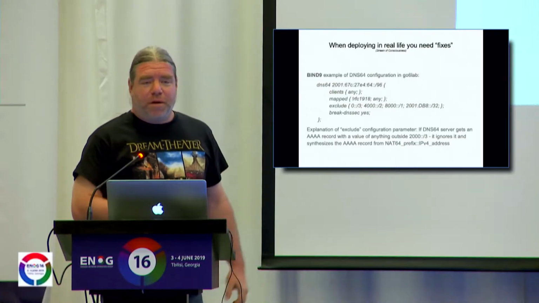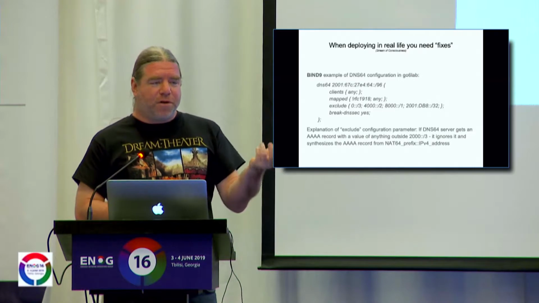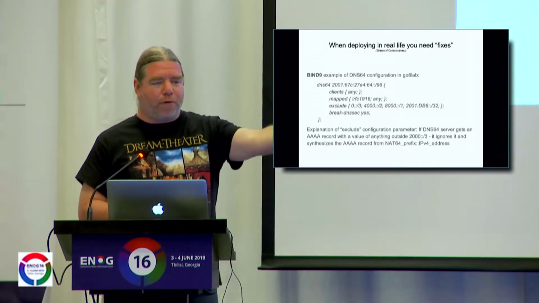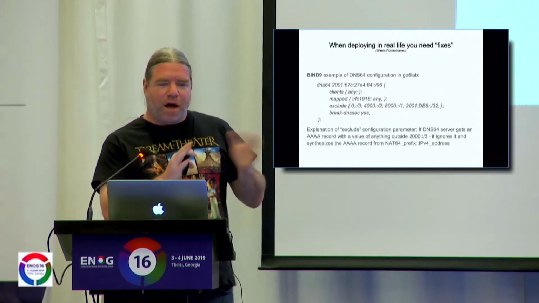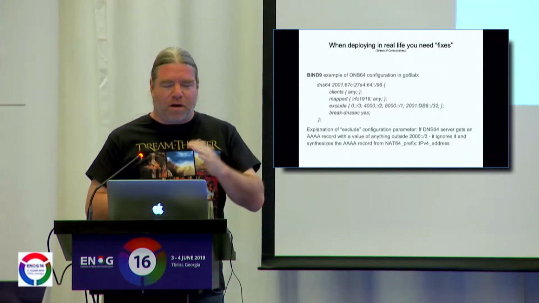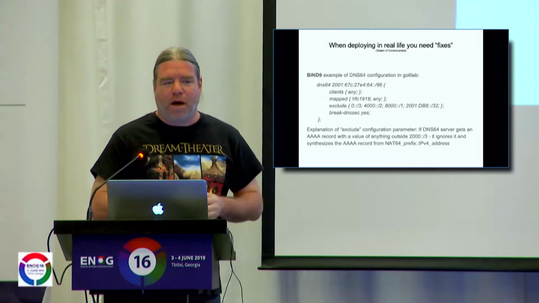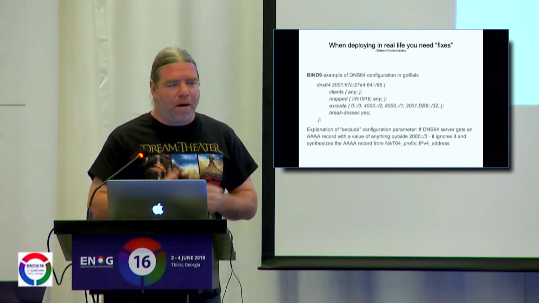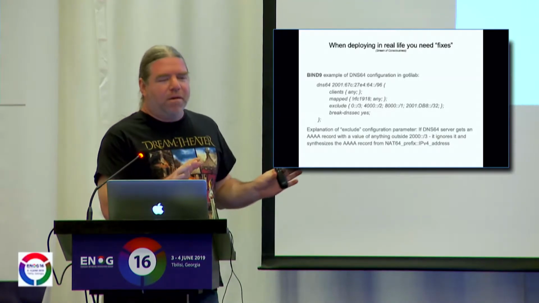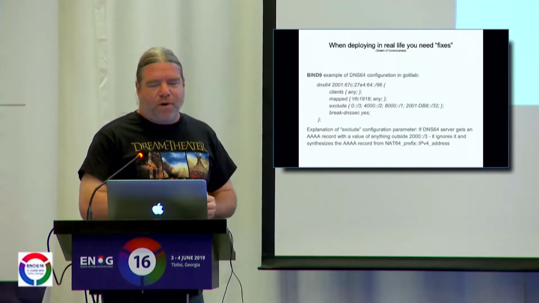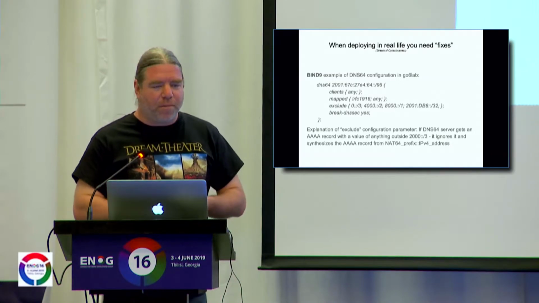So what does this mean? If my DNS64 server receives from a remote DNS server an AAAA with anything that is outside 2000::/3, which is the currently allocated prefix for IPv6, then it just ignores it and creates an AAAA record with the NAT64 prefix.